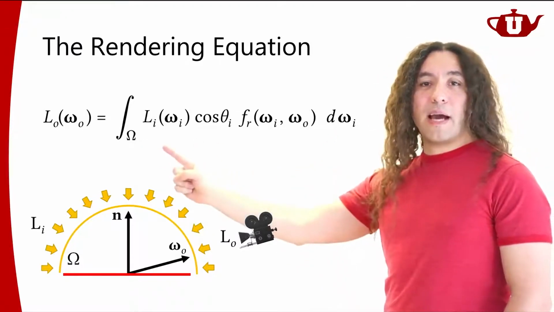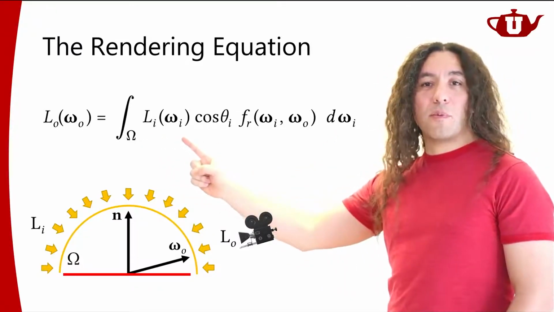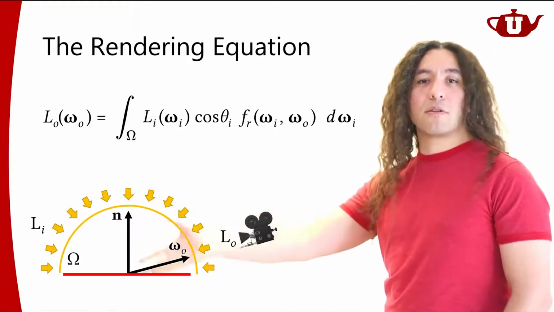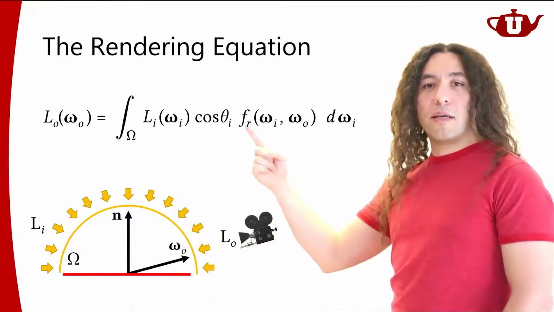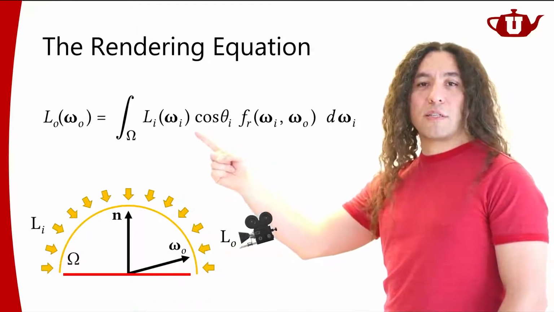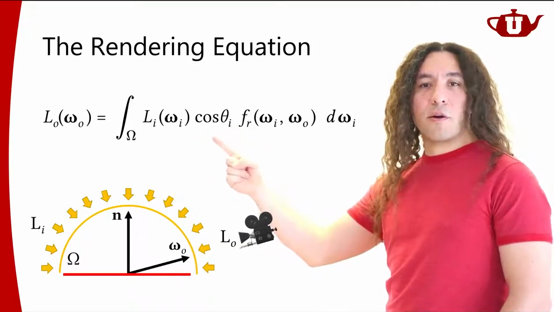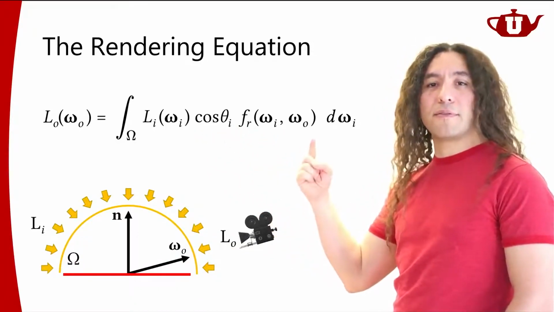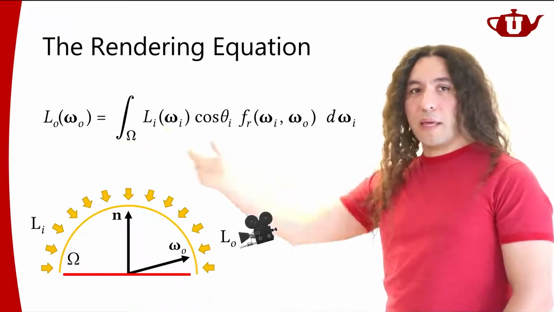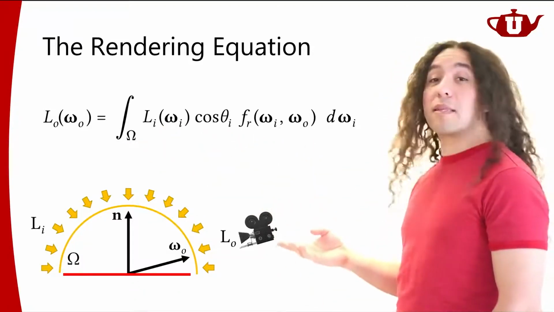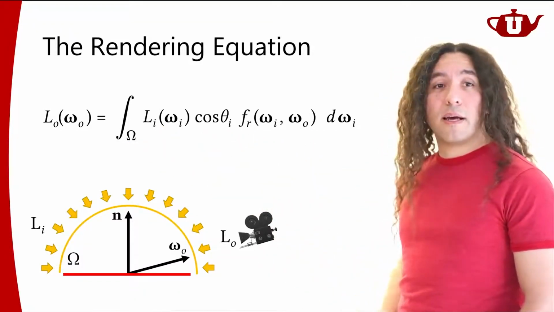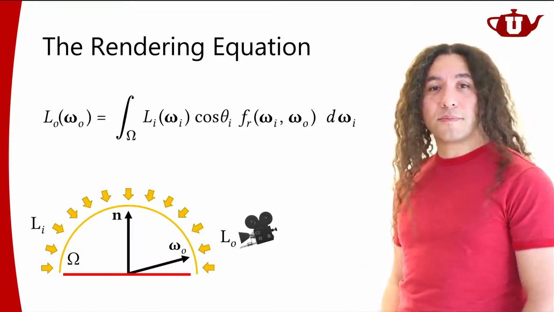For each direction, I multiply by its cosine term and my BRDF, and that gives me my reflected light in this reflected direction.